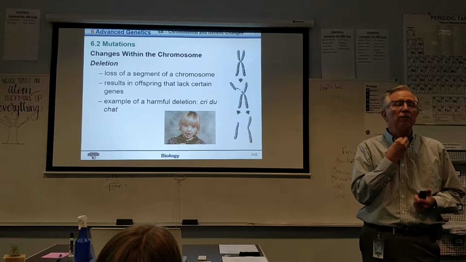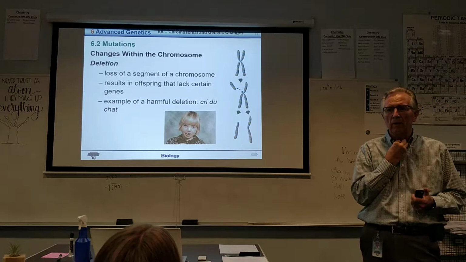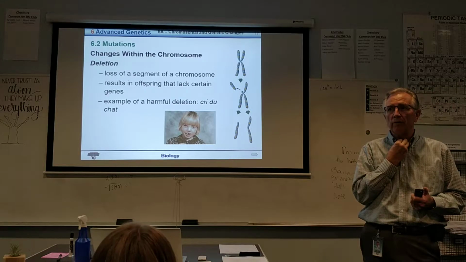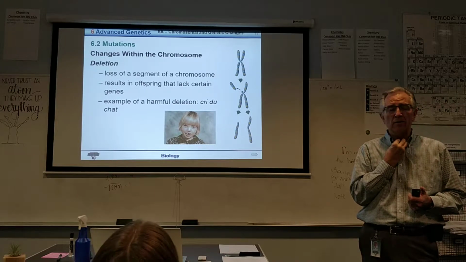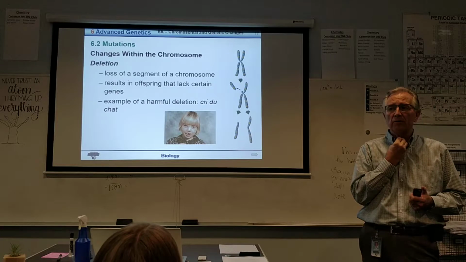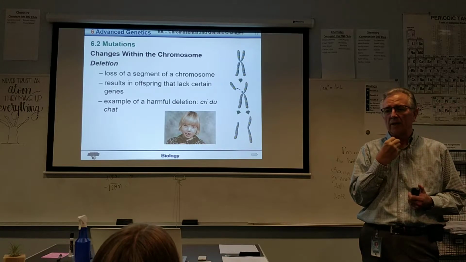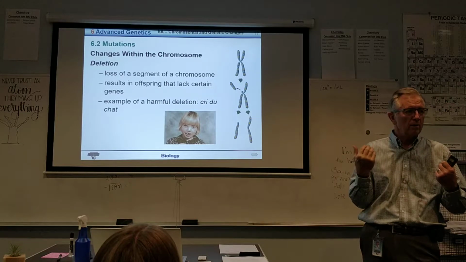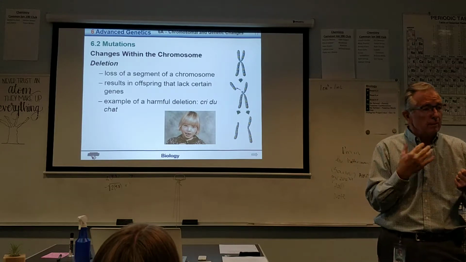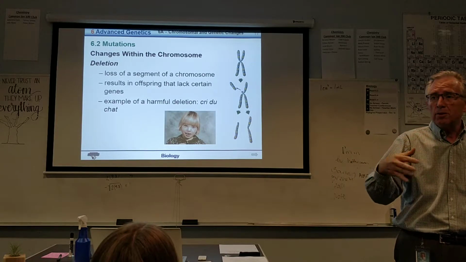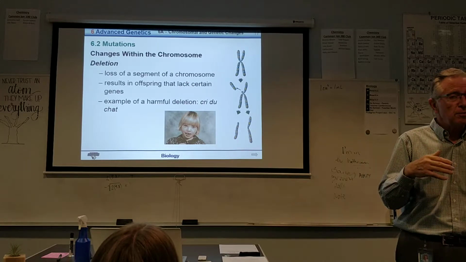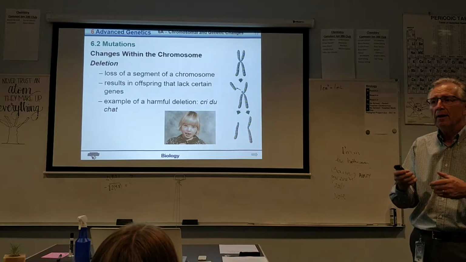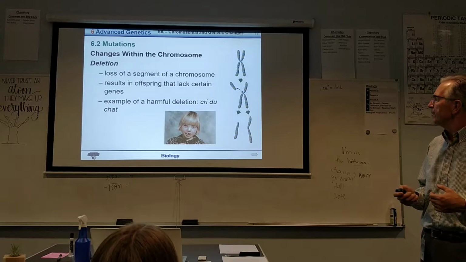So in other words, their vocal cords or their voice box isn't formed normally, and so when they make a sound, it sounds like a cat cry instead of the way we talk. So that's because some genes are missing to produce the proteins that they need to make the complete structure.